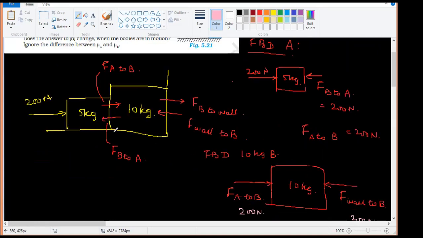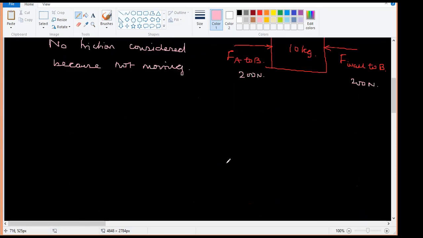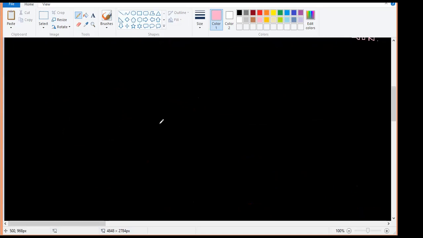In that case, the friction should also be considered, because in the earlier case, I did not consider friction because the blocks were not moving. But if it starts moving, then things will be slightly different.